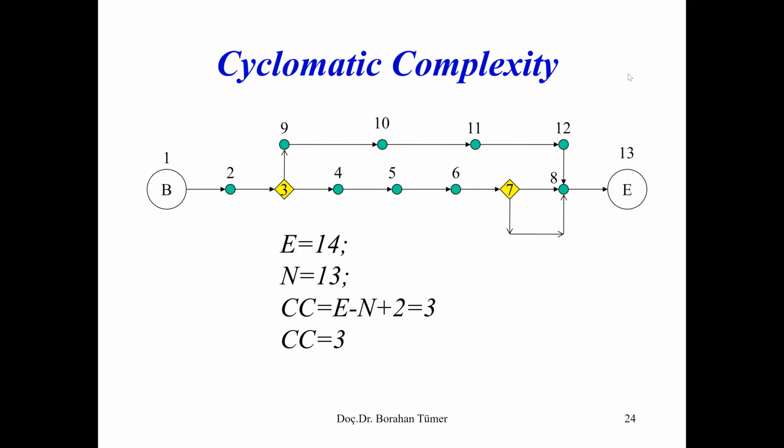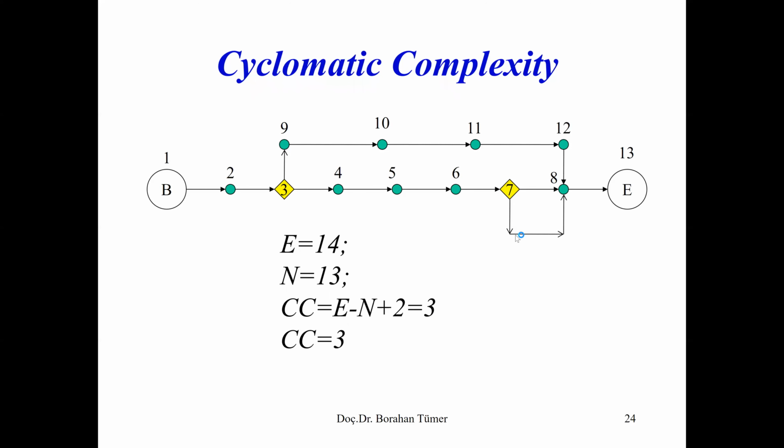Well, let's give an example here. Let's count the number of nodes here: 1, 2, 3, 4, 5, 6, 7, 8, 9, 10, 11, 12, and 13. So these are the indices of the nodes. So we have 13 nodes. How many edges? 1, 2, 3, 4, 5, 6, 7, 8, 9, 10, 11, 12, 13, and 14.